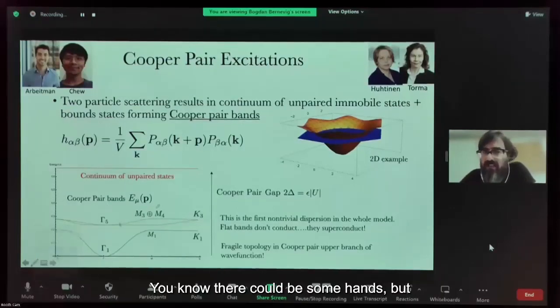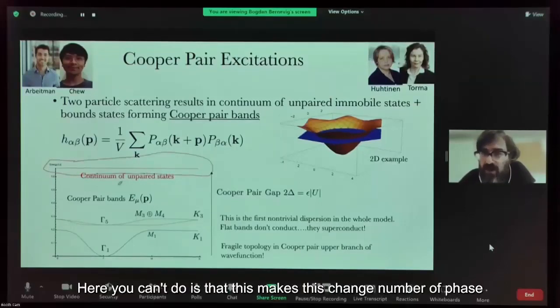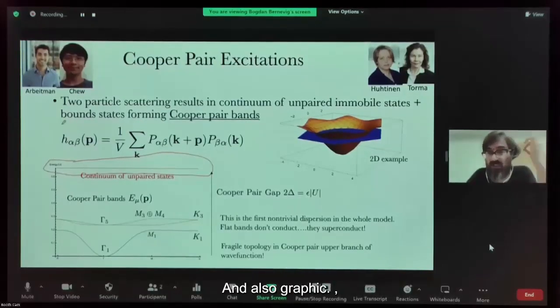The reason is that in this case, the uniform pairing condition makes this number of states, the particle-particle continuum, flat. And I'll show the graphene case. In the twisted bilayer case, it doesn't have uniform pairing. This continuum of states breaks up and becomes very large, the particle-particle continuum.